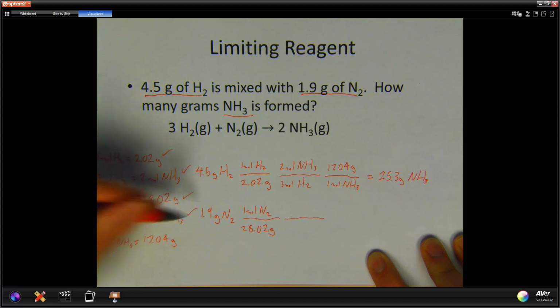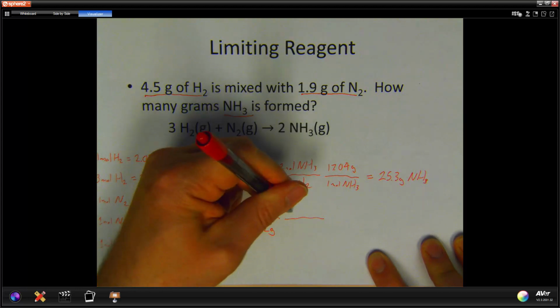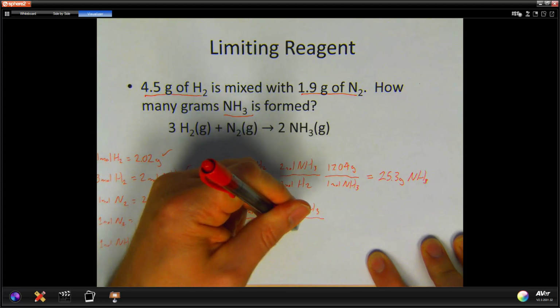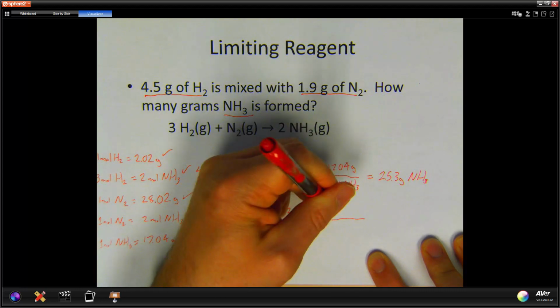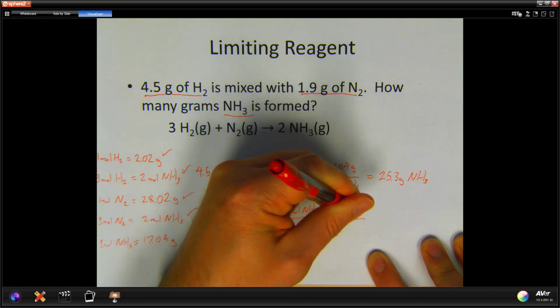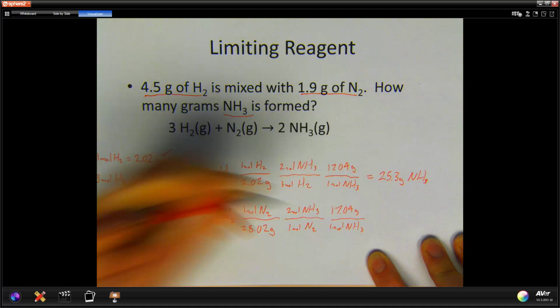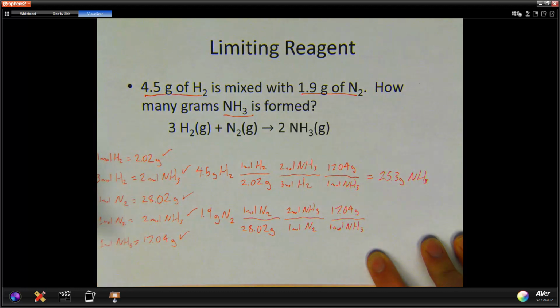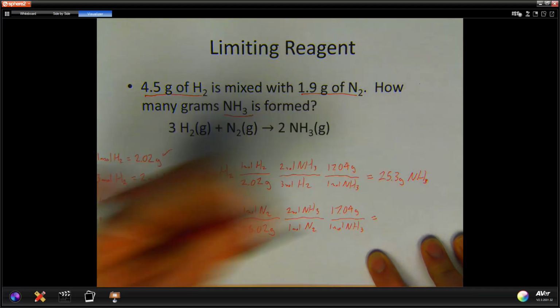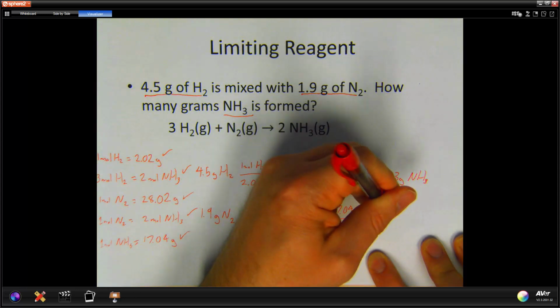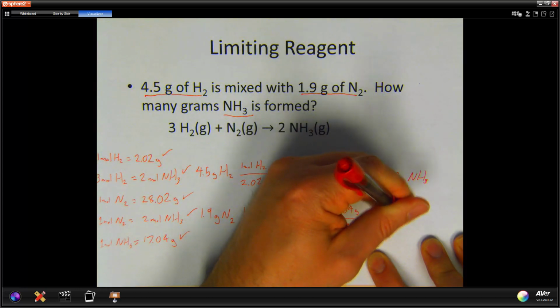So we have 2 moles of NH3 on the top, 1 mole on the bottom, and then finally the same molar mass calculation as we had before. So we've used that one now twice. And if we do the math here, we get 2.31 grams of NH3.